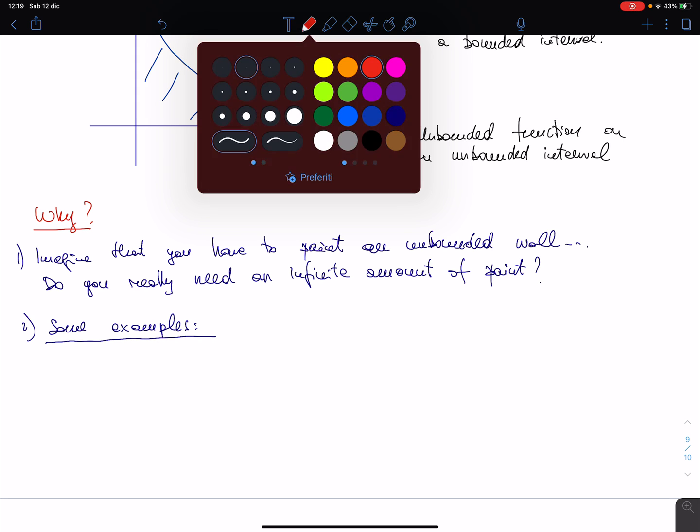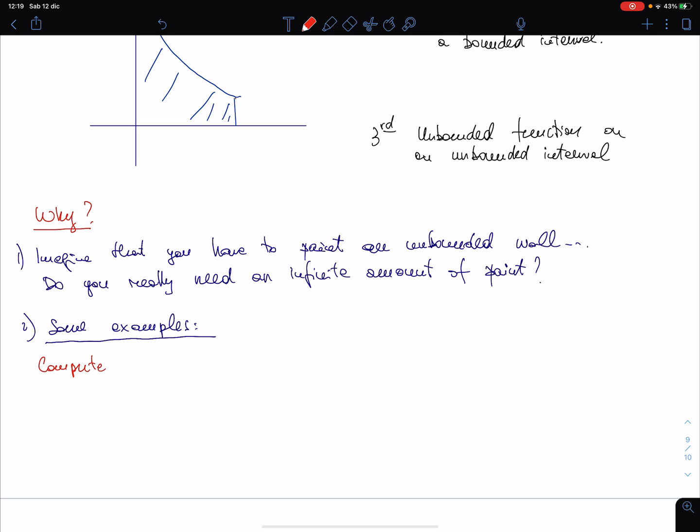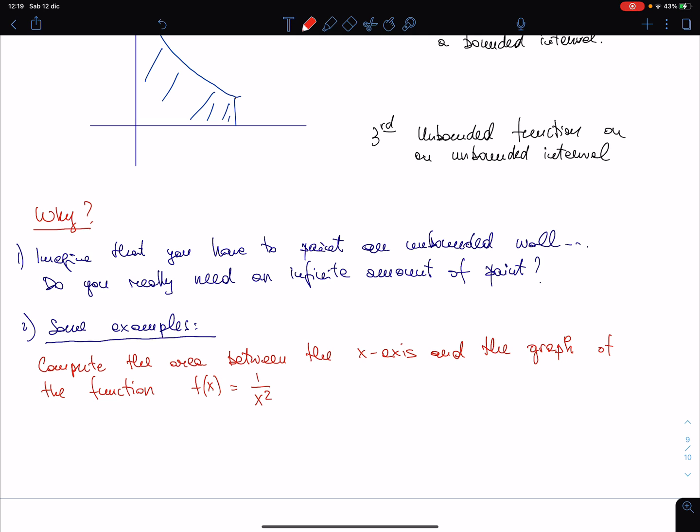The problem is to compute the area between the x-axis and the graph of the function f of x equal to 1 over x squared in the interval (1, plus infinity).